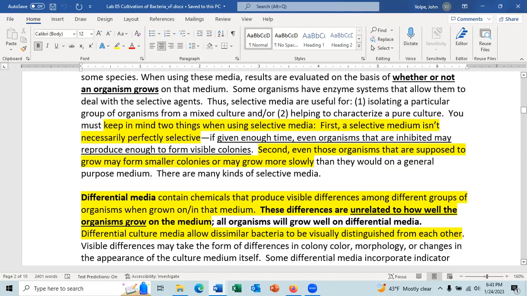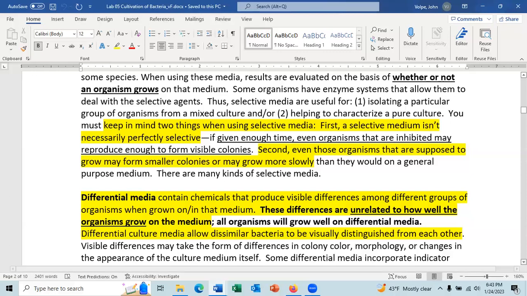The selection won't be 100%, and so the bacteria will slowly grow on the media. And then second, even if the organisms are supposed to grow on the selective media, they may form smaller colonies or may grow more slowly than they would on other media, like general purpose media.